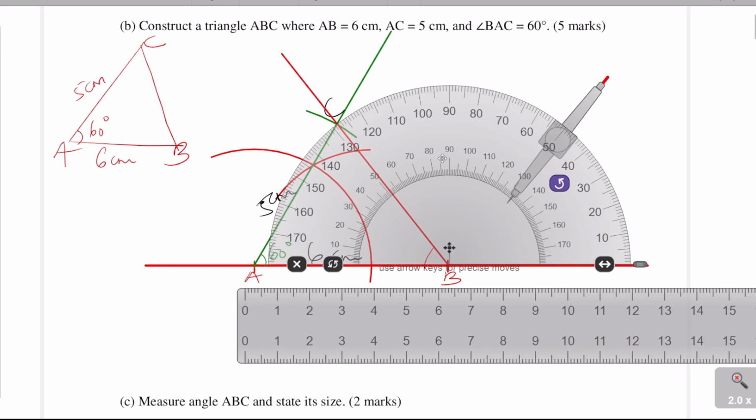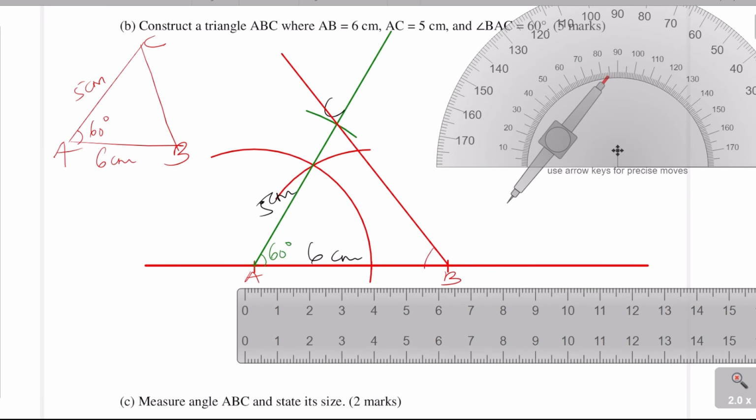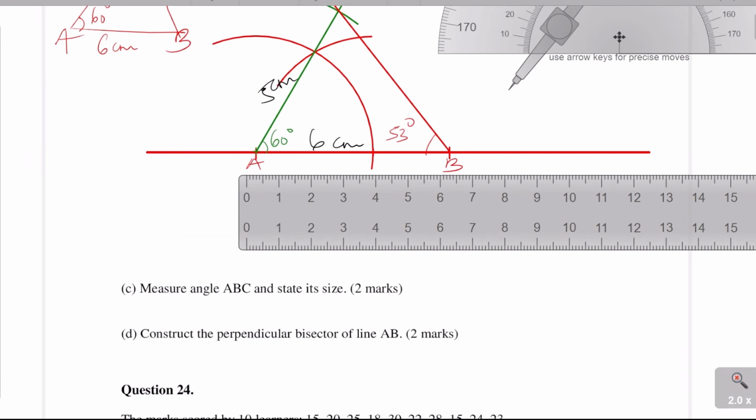Let me confirm. It is 53. So I've confirmed. This is a 50, 51, 52, 53. So that angle is 53 degrees.